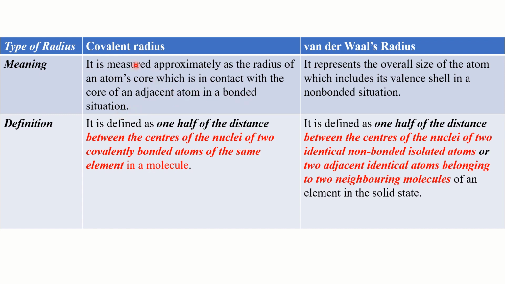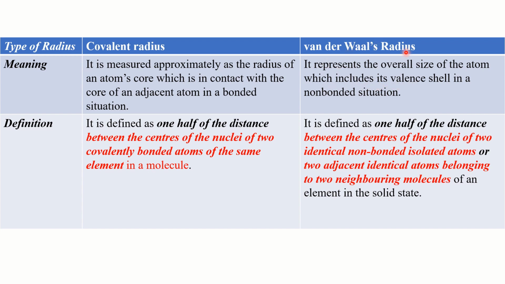In the calculation of covalent radius, we just consider the radius of an atom's core. This includes the nucleus and all the inner shells. We exclude the valence shell of the atom belonging to a covalent molecule while calculating its covalent radius. Clear? But in the case of van der Waals radius, we take the overall size of the atom into consideration, which includes its valence shell.